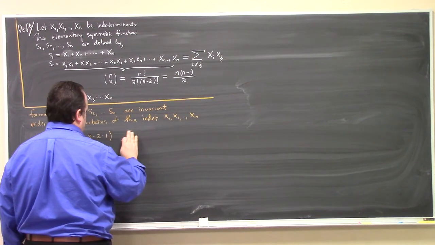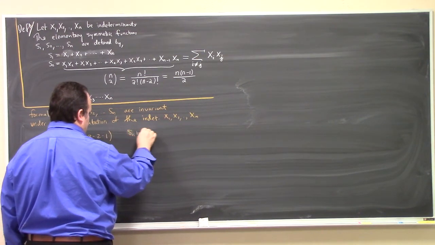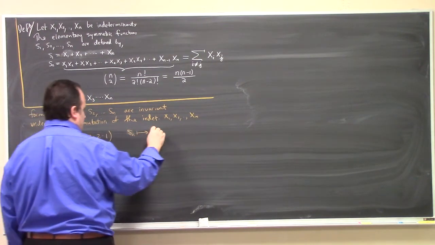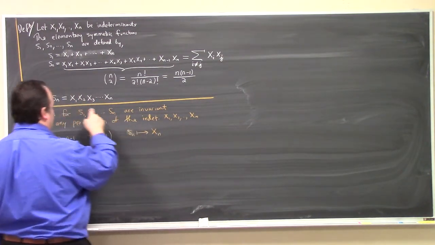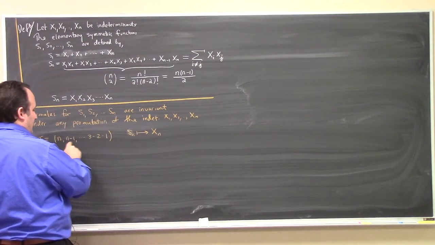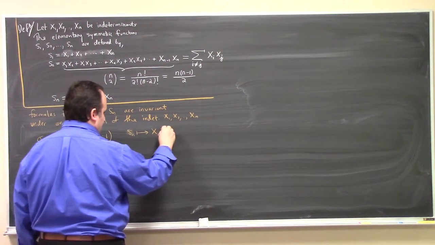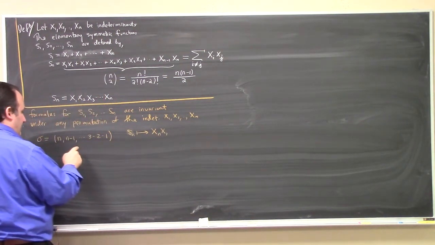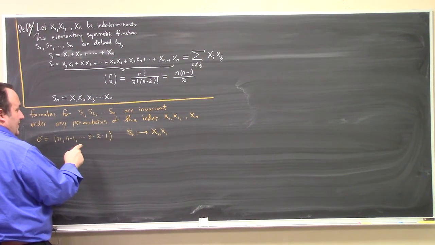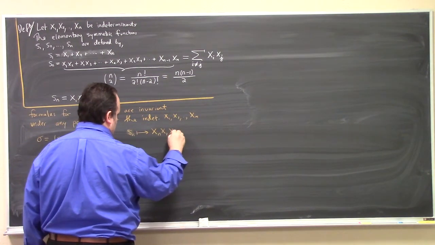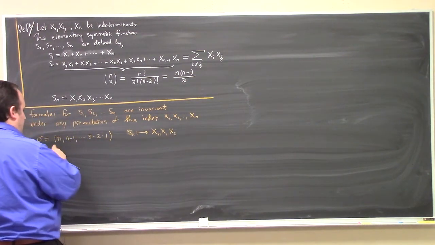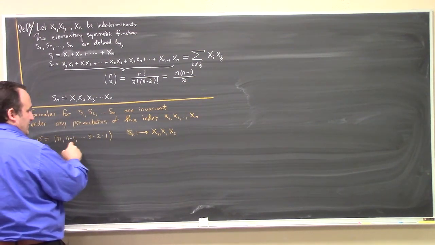Sn maps to x of, 1 maps to n, 2 maps to 1, 3 maps to 2, and n maps to n minus 1.